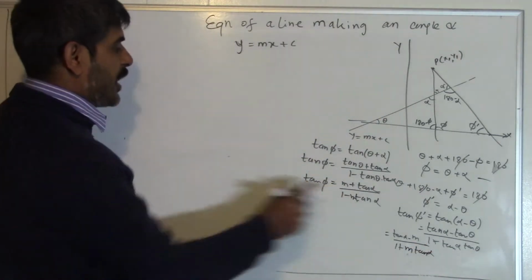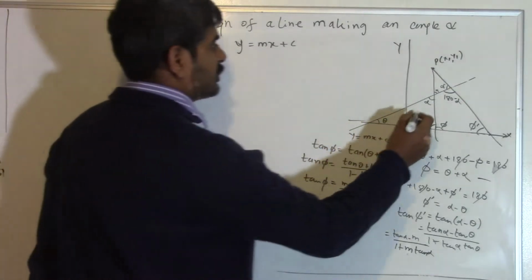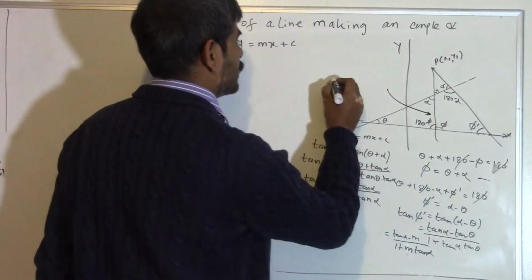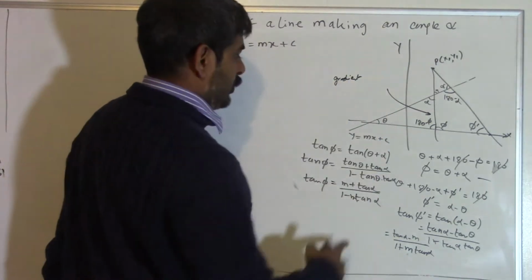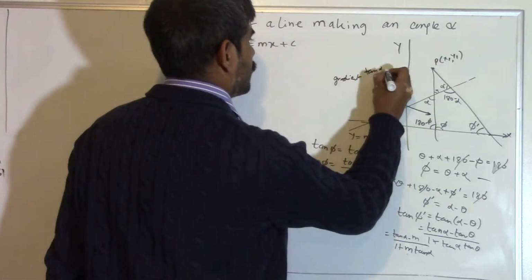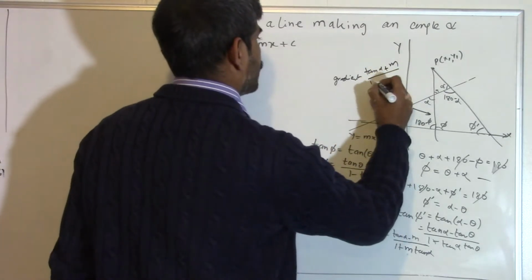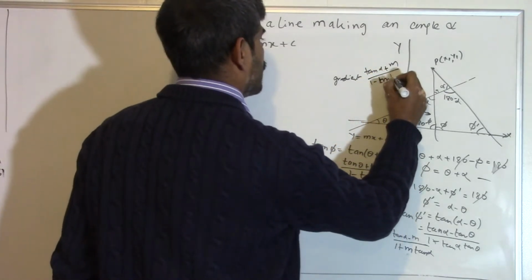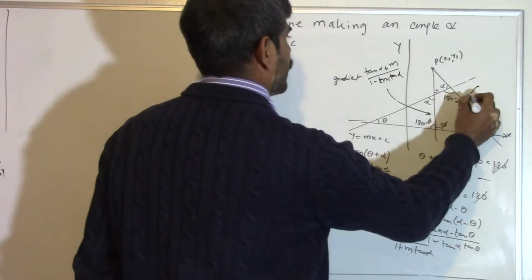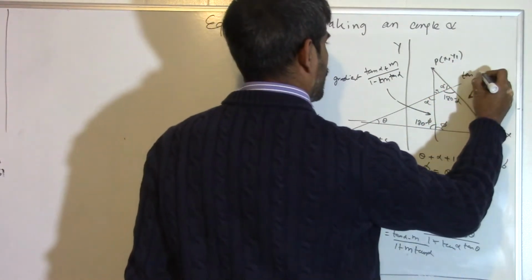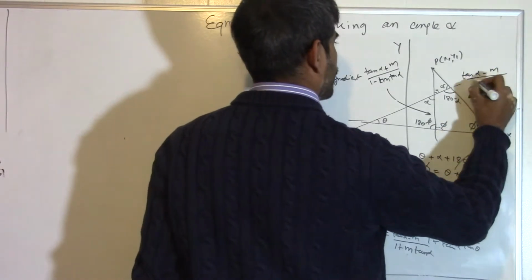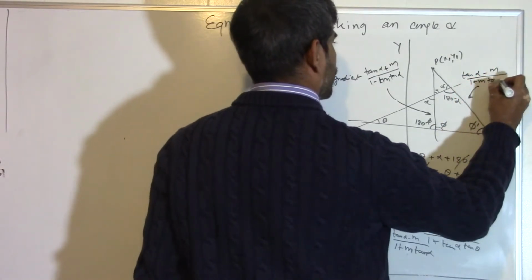We can simplify this. So the two gradients: this one has a gradient of tan alpha plus m divided by 1 minus m tan alpha, and this one will have a gradient of tan alpha minus m divided by 1 plus m tan alpha.